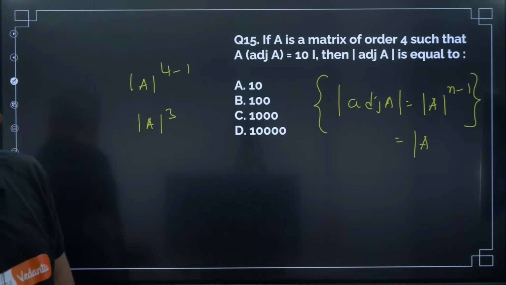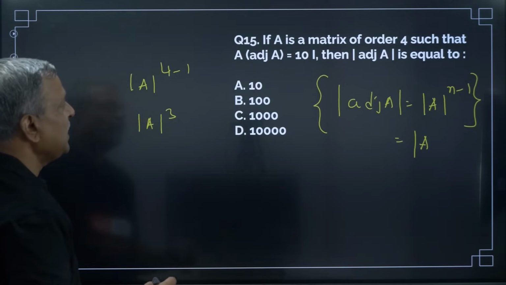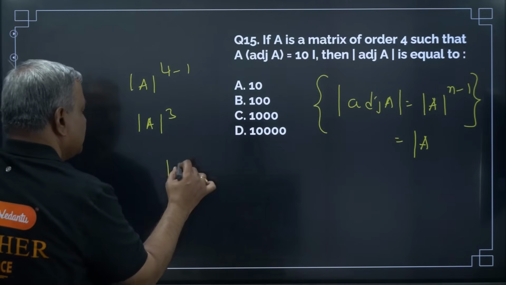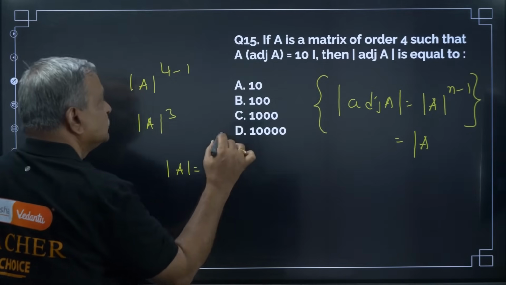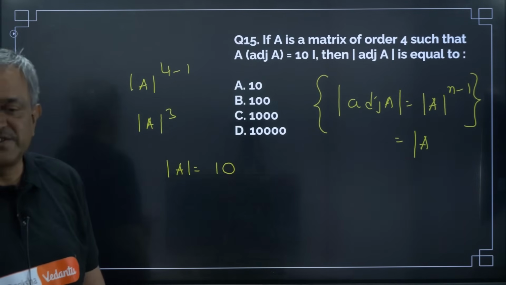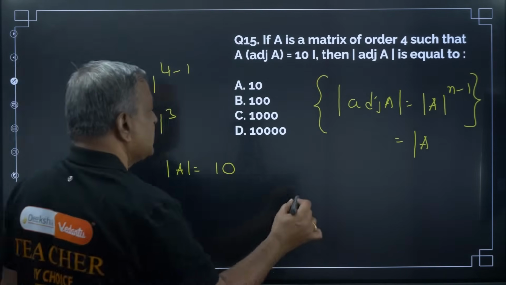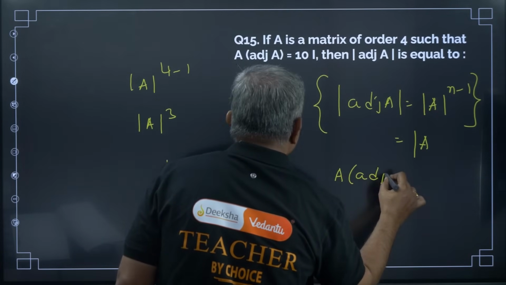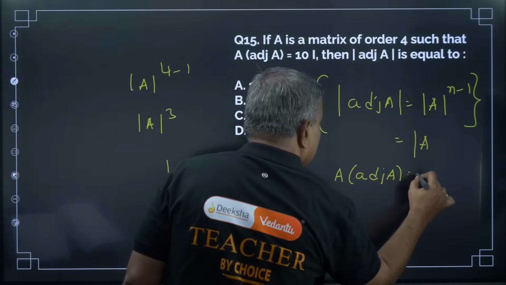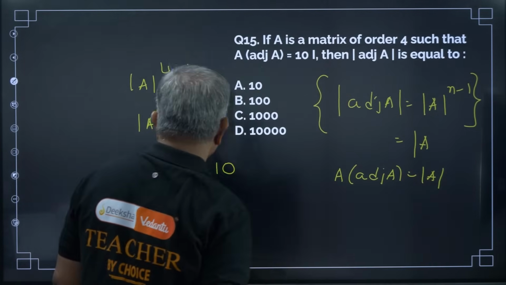Now what is det of A? Det of A is given as 10. Please remember another concept: A into adjoint of A is equal to det of A. Det of A is equal to 10.